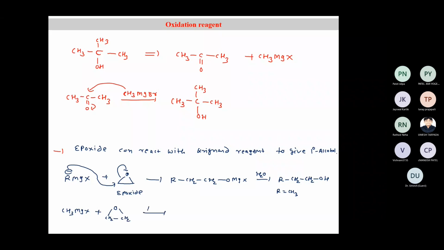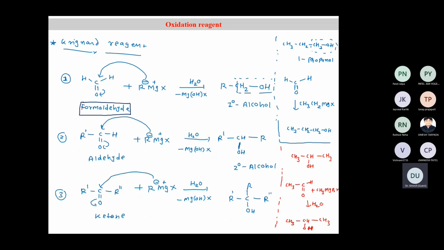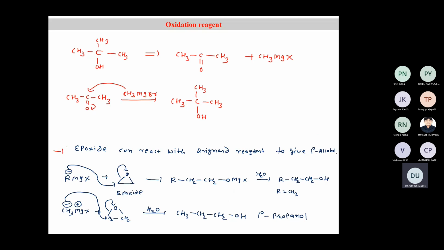Then you are getting CH3CH2CH2OH, propanol. So this is the alternate reaction where you are getting primary alcohol. This is the fourth application of Grignard reagents, that is reaction with epoxide.